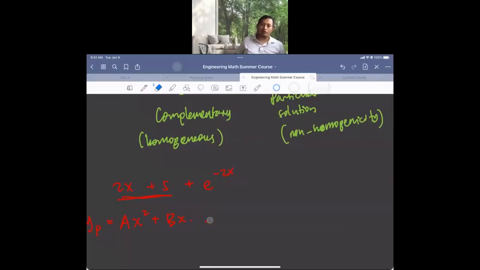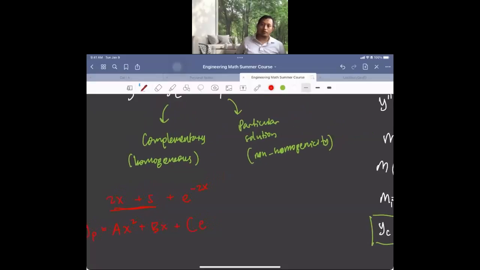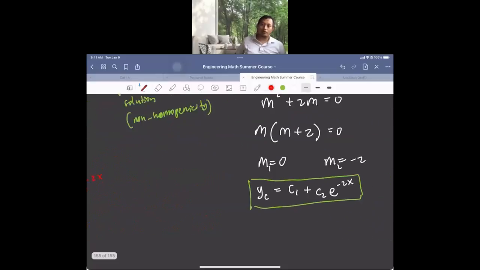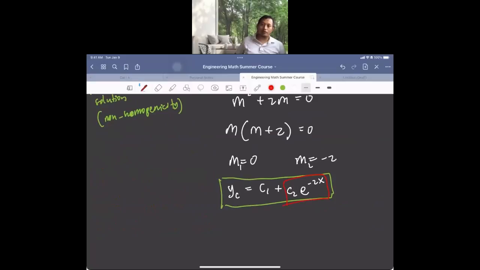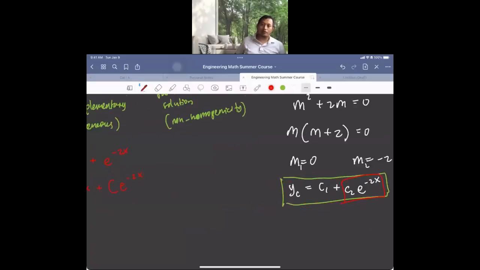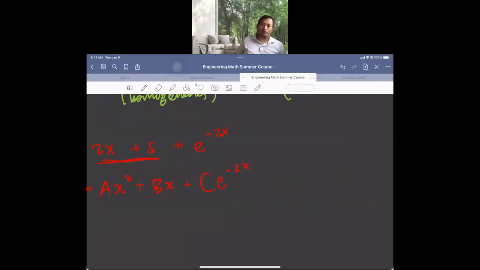And then for the last part we have this e^(-2x) structure, but since this is a duplication, this part needs to be multiplied with x. And this will be our proposed solution.